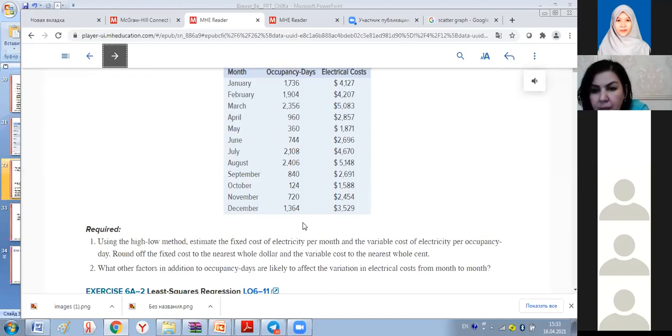So does everybody know how to calculate the fixed cost?